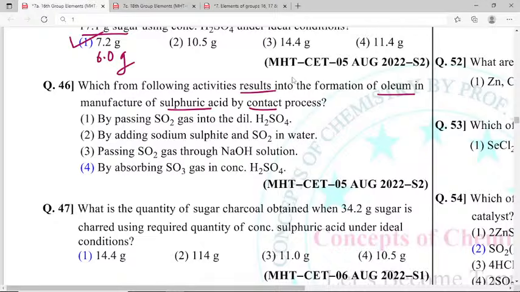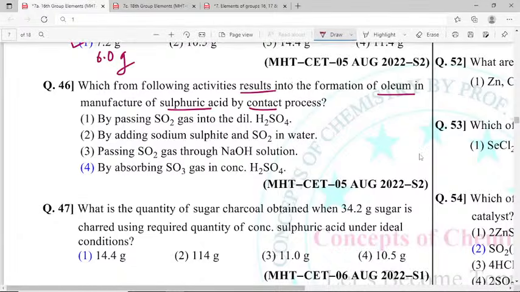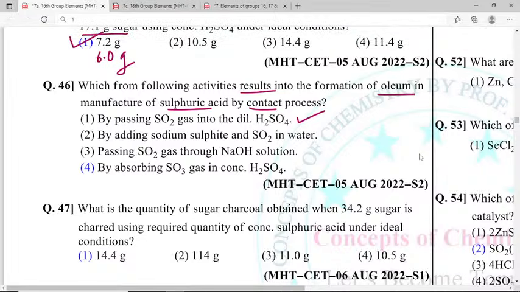By passing SO2 gas into dilute H2SO4, by adding sodium sulfide and SO2 in water, passing SO2 gas through NaOH solution, these are correct. But by absorbing SO3 gas in concentrated H2SO4, it forms the oleum.